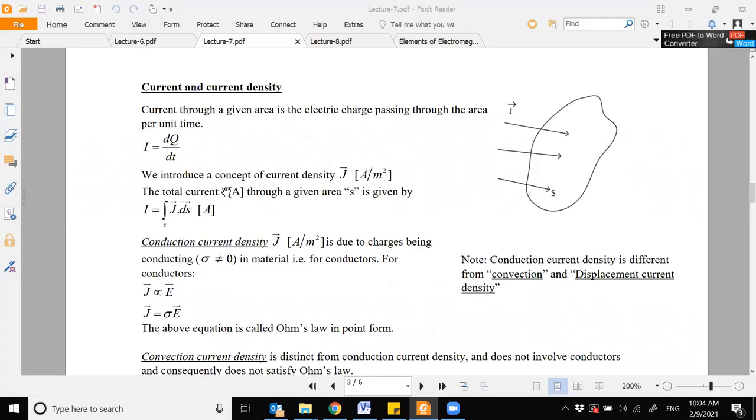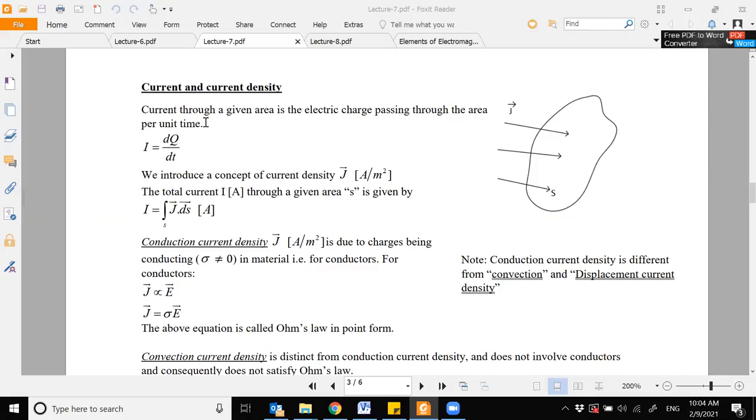We know it very well that if you have an area, so I'm taking this as a cross-sectional area, of any shape, and its area is S. Then the current through a given area is nothing but the electric charge passing through that area per unit time. This definition, we know it very well. I is equal to dq over dt.